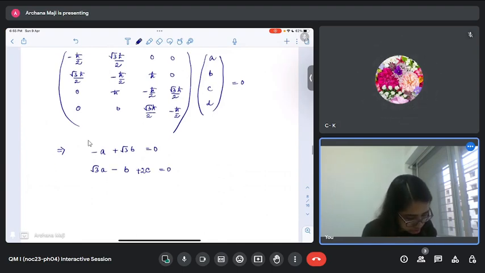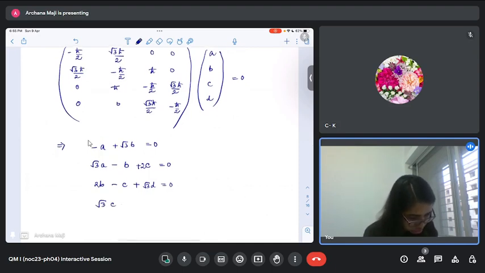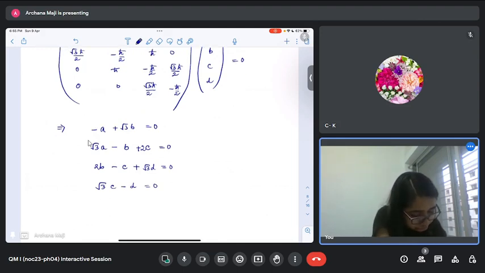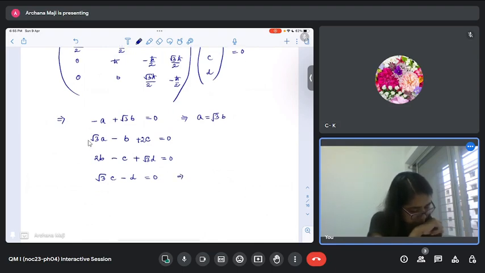Square root 3a minus 2b plus c, so that is the other equation. And then the third one is square root 3b minus c plus 2d equal to 0. Square root 3c minus d is equal to 0. So this gives a equal to square root 3b, d equal to square root 3c.